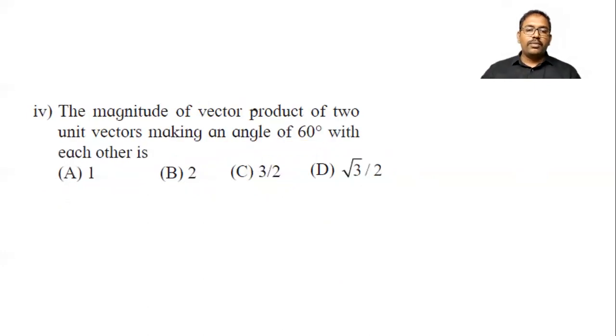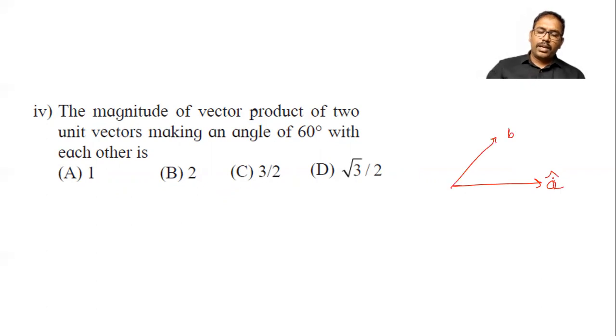The magnitude of the vector product of two unit vectors making an angle 60 degree with each other. So I'm talking about two unit vectors. This is A cap, this is B cap, and the angle is 60 degree. So we have to find the vector product of the two vectors.